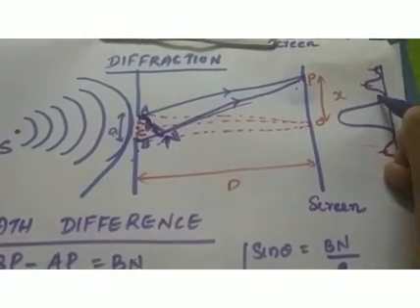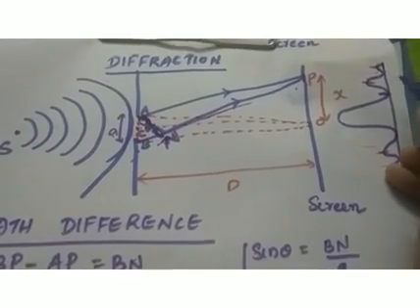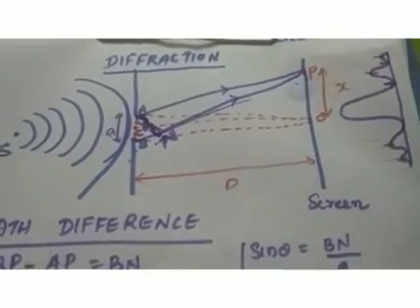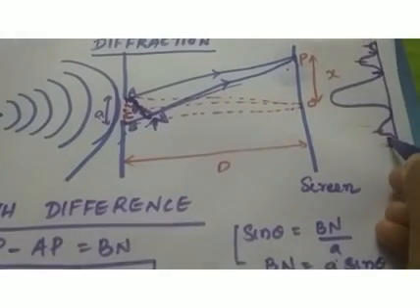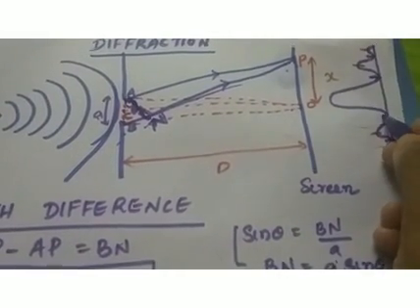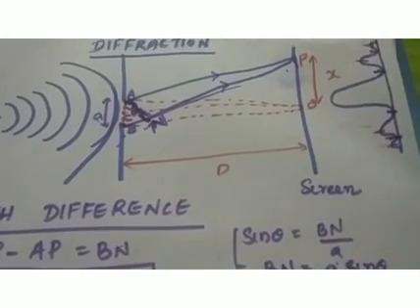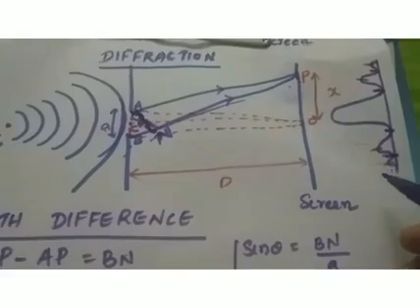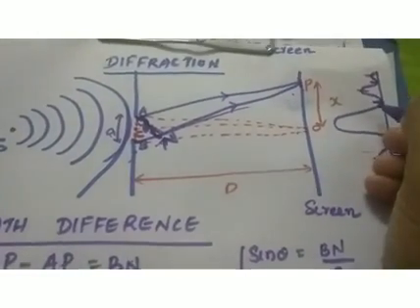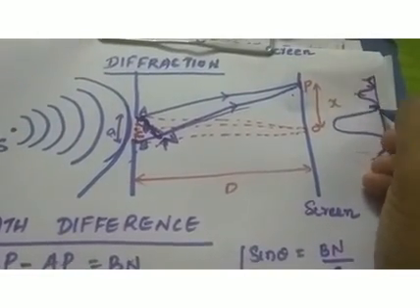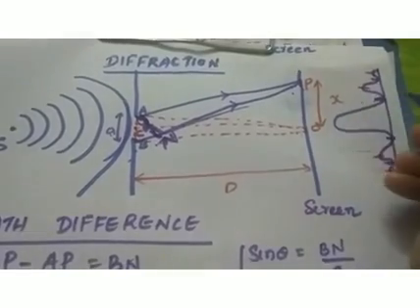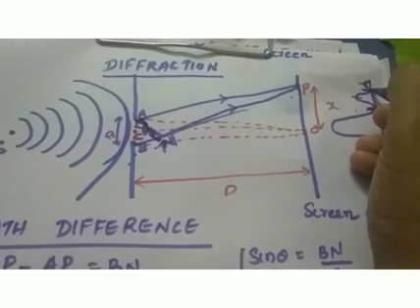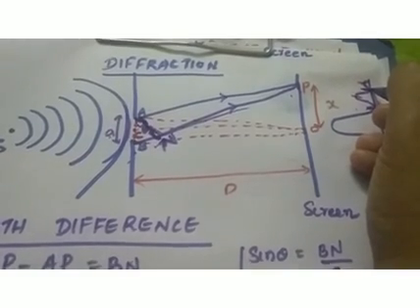So if we consider, this will be our secondary minima, and this is our secondary minima. Here this is our secondary minima. And again we can give numbers to them. See, this will be the first secondary minima. This will be the second secondary minima.